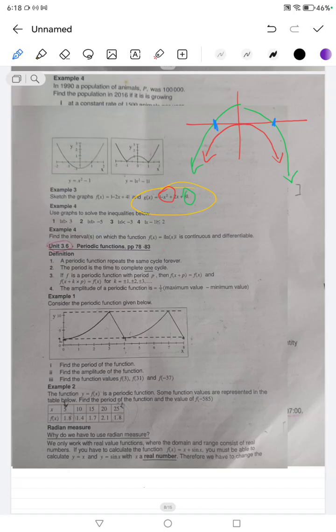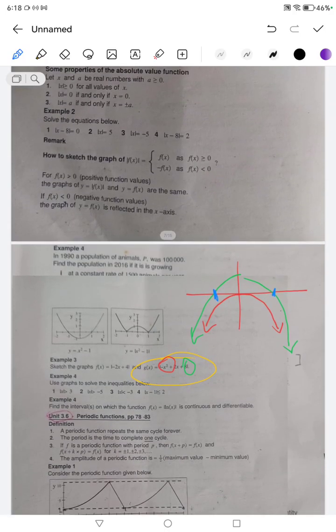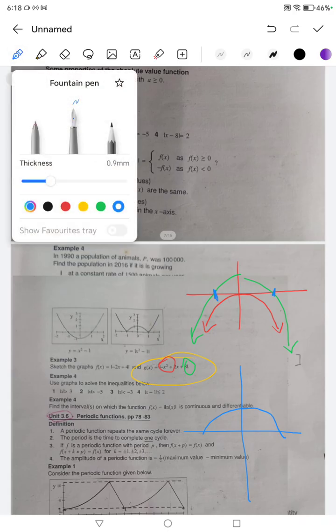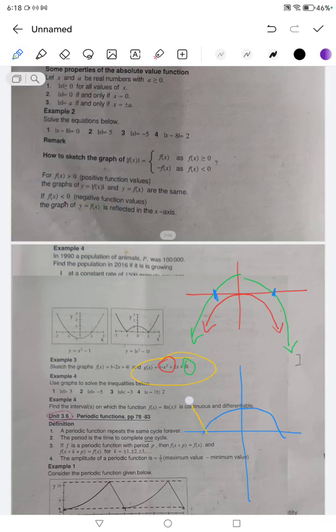But now remember what I said about the shape of your parabola graph when it gets to this point. I said the shape can continue downwards to the negative portions. So it means the final shape is going to look like this. Then here is where it's going to kink back and go like that. You see?